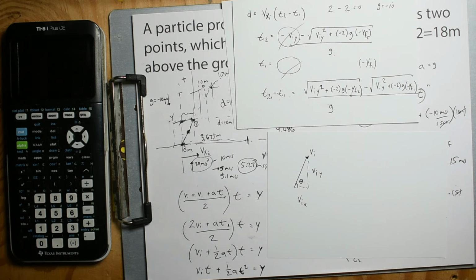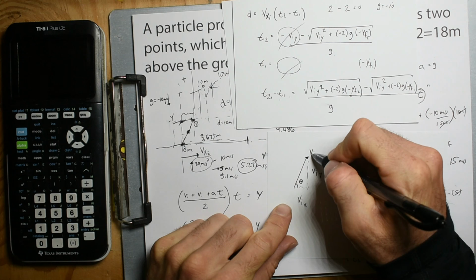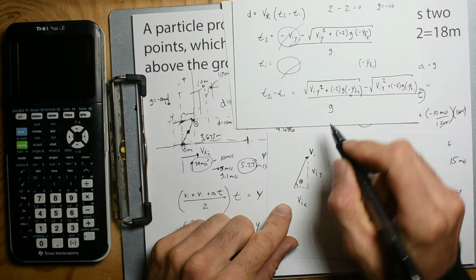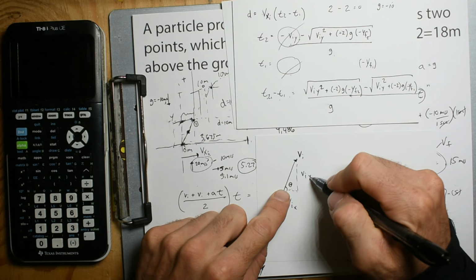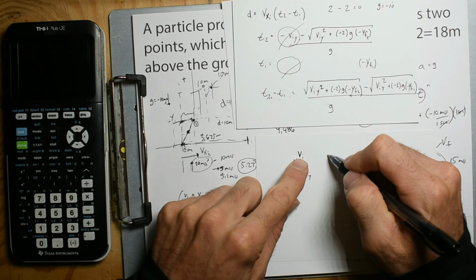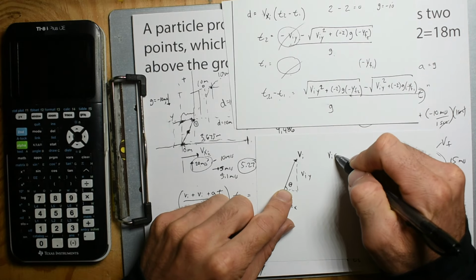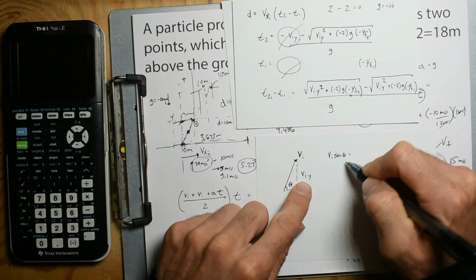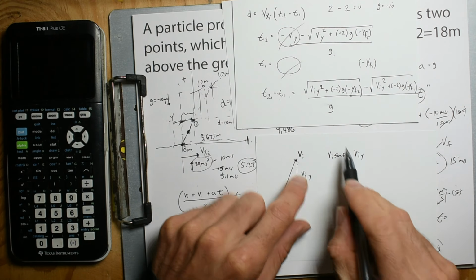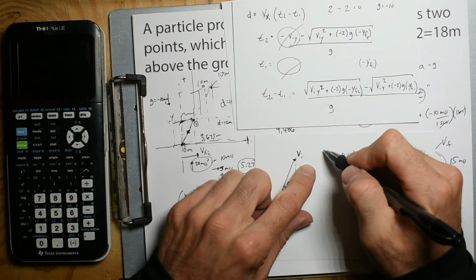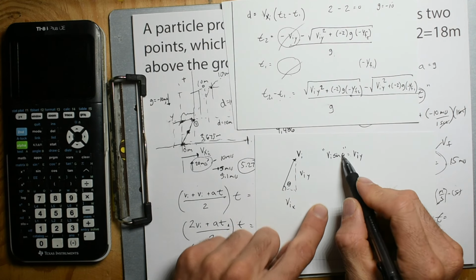Because what we're trying to minimize is the velocity. So that's interesting. If you take the hypotenuse, the bigger number, and take the sine of the angle, you're going to get VIY. So everywhere I see VIY, it's V initial sine theta.